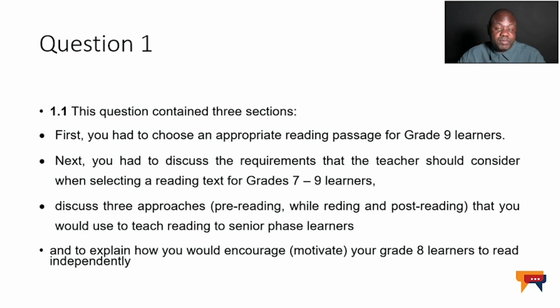Let us look at the assignment question. Question 1. This question contained 3 sections. First, you had to choose an appropriate reading passage for grade 9 learners. Next, you had to discuss the requirements that the teacher should consider when selecting a reading text for grade 7 to 9 learners.